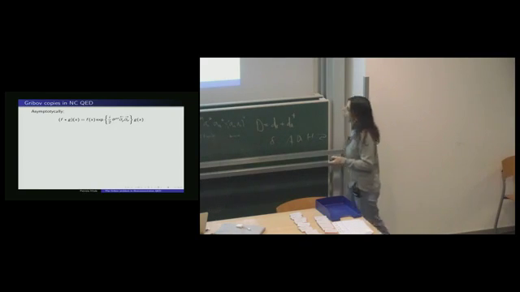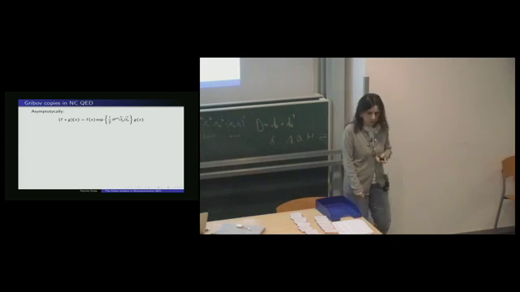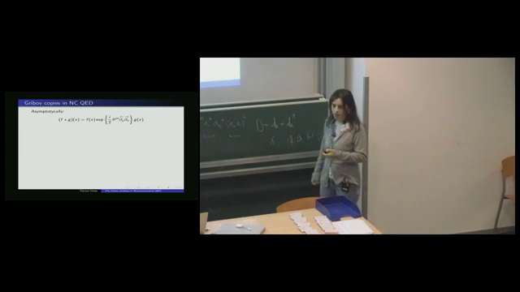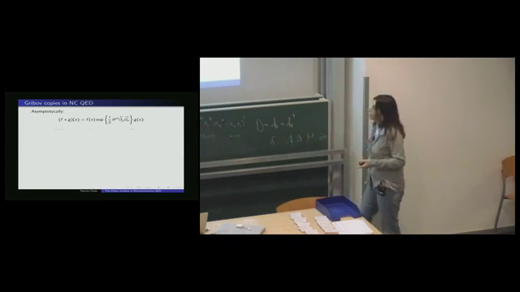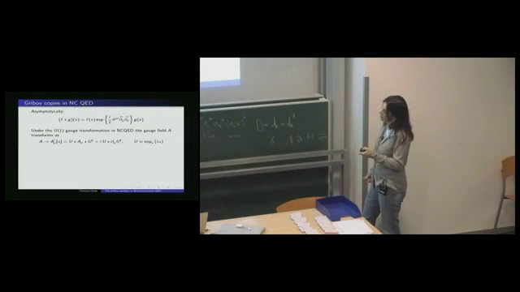Okay, so for the rest of the talk, I will use this asymptotic form of the star product that I showed you in integral form in the beginning. This is a transformation of the gauge connection under U1 here.